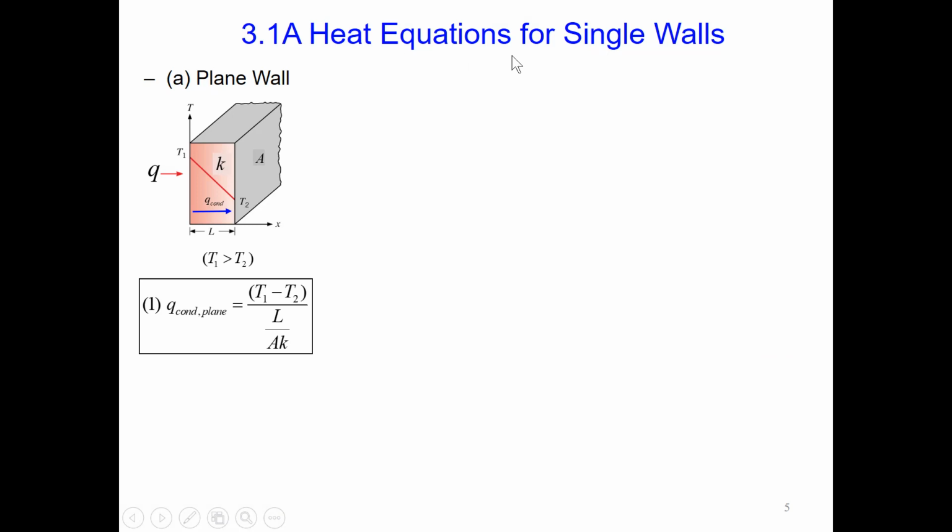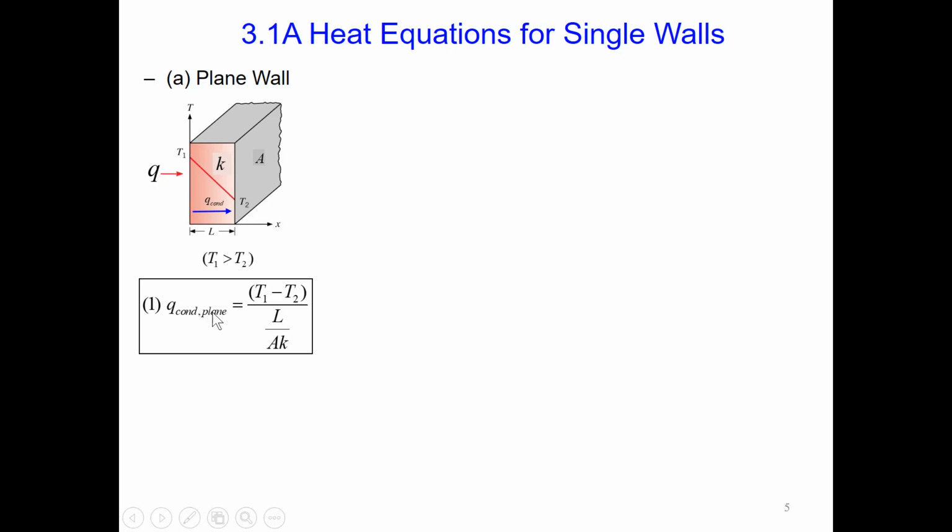A. Heat equations for single walls. For a plane wall, equation 1 represents the heat flow rate of conduction going through the thickness of the plane wall.